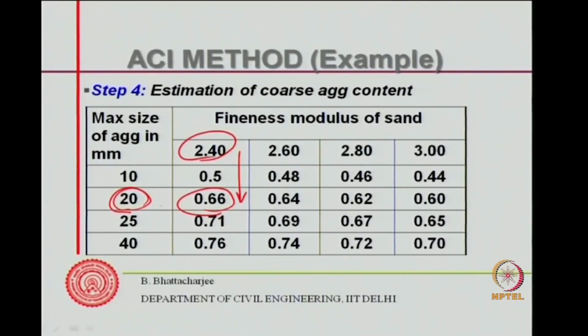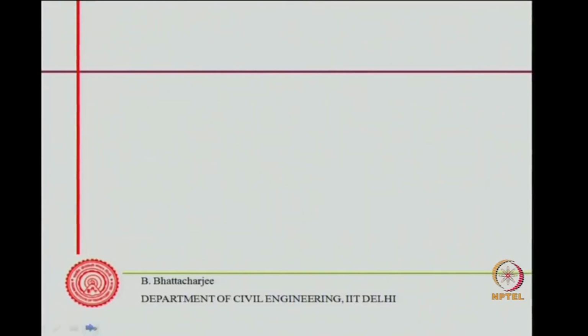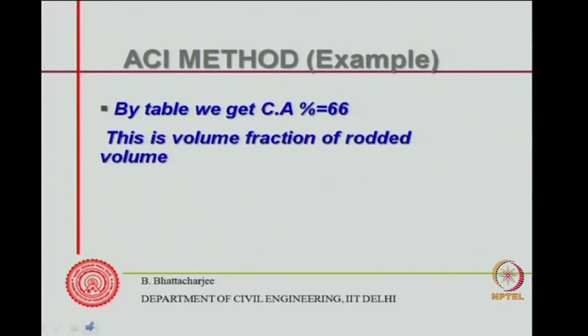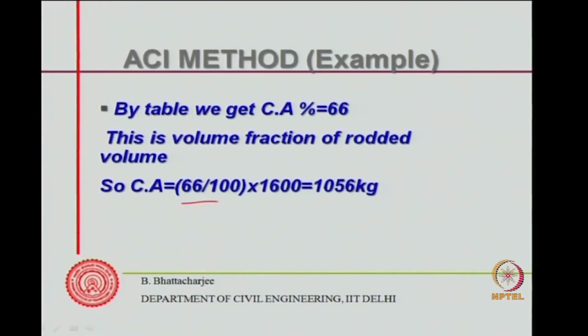Therefore 0.66 is the coarse aggregate content, and with this I can now find out the volume fraction. So dry rodded 66% multiplied by, so this is the quantity of coarse aggregate that should be there.